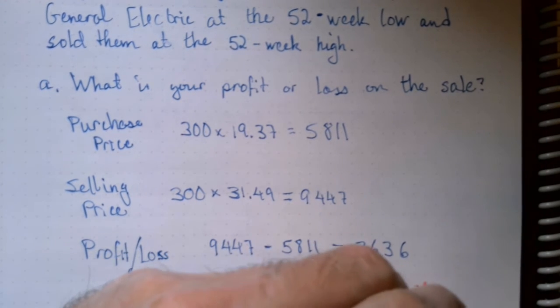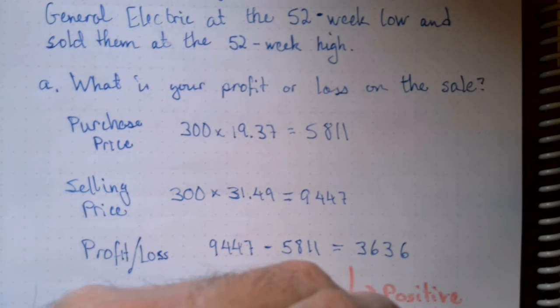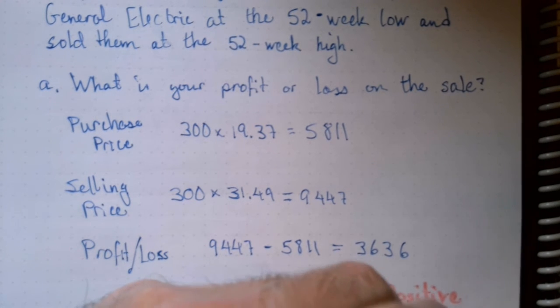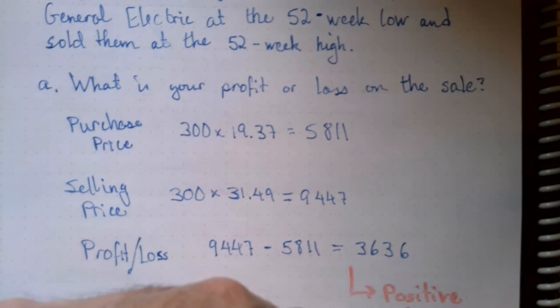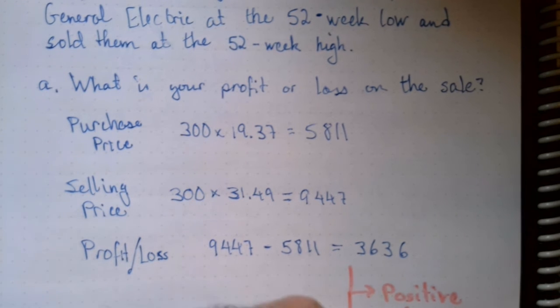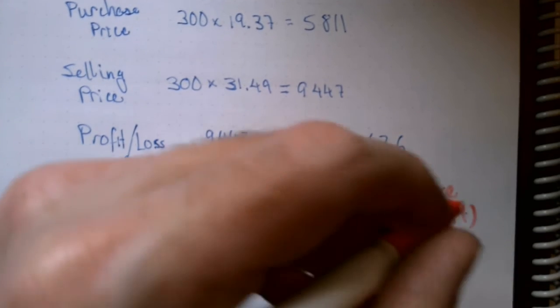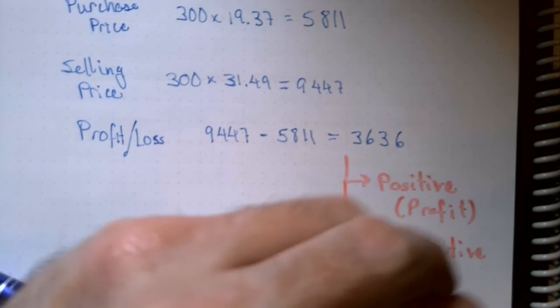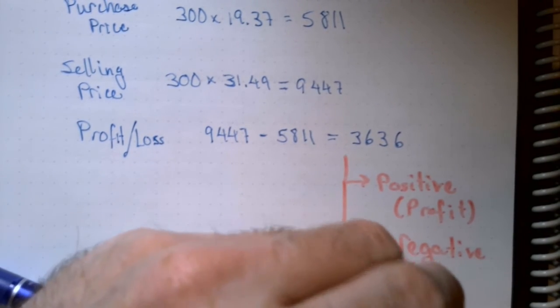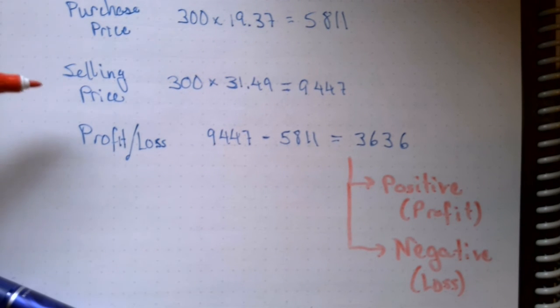If that number is positive, that means you have a profit. If that number is negative, that would mean you have a loss. So you always have to do it selling price minus the purchase price.